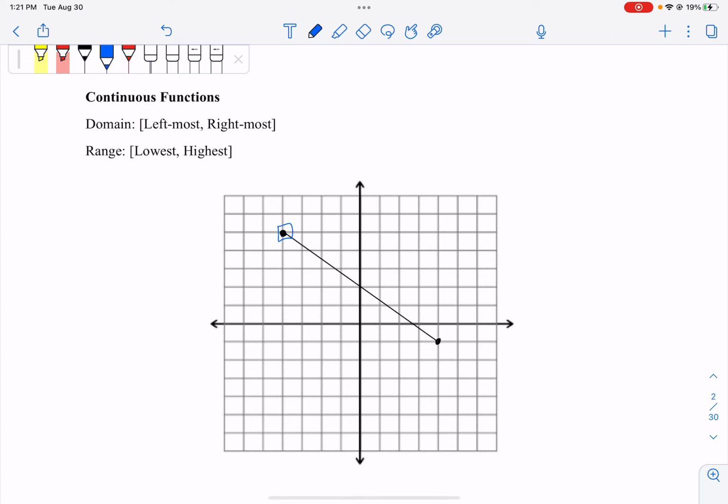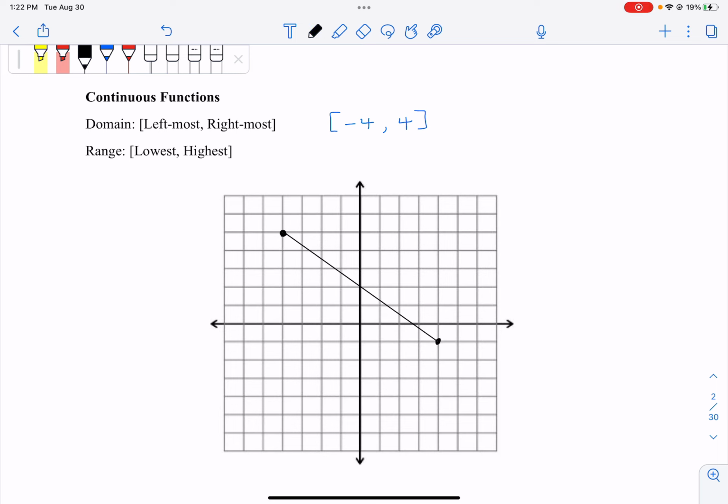It's right here, which is -4. 1, 2, 3, 4. So -4. And what is my rightmost? 1, 2, 3, 4. So it's 4. And we denote it like this, -4 to 4. We put square brackets, and I'll explain what the square brackets mean in just a bit.